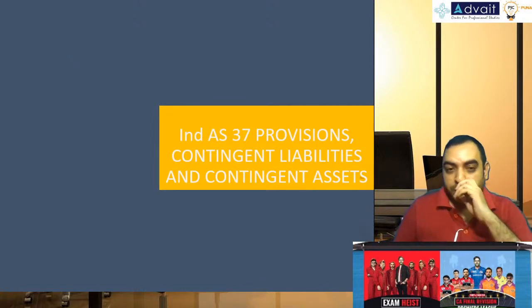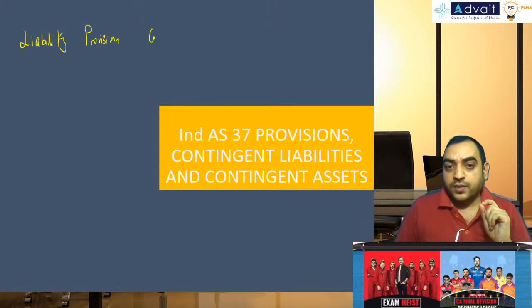Okay, so what are the things to be understood here? Here we need the concept of what you mean by the word liability, what you mean by the word provision, and what you mean by the word contingent liability. Maybe one more also, contingent asset.